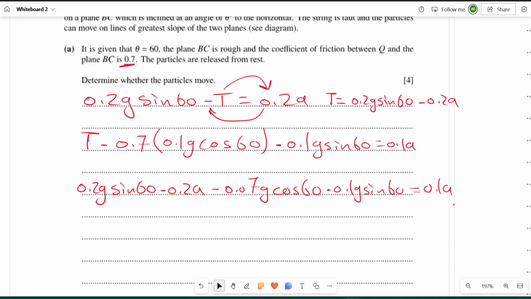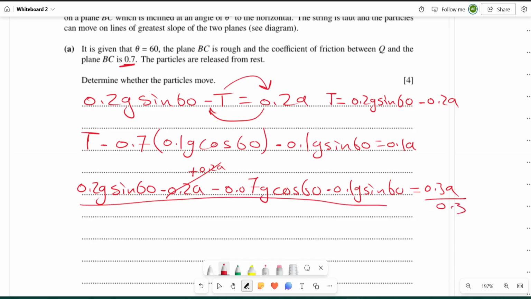So now I want to group all the acceleration terms together. So I'm going to add 0.2a to both sides. These are going to cancel, and this is going to be 0.3a. So now if I want to find the value of a, I'm going to divide by 0.3 on both sides.